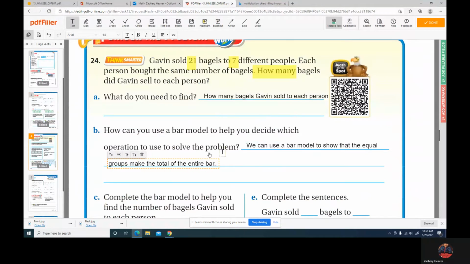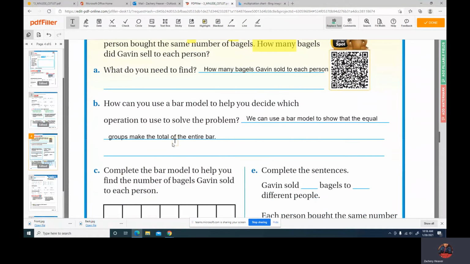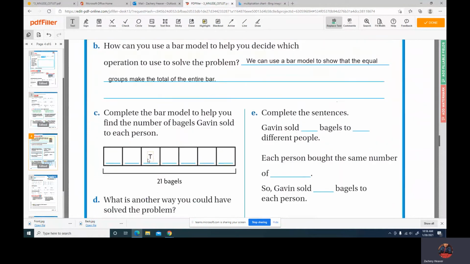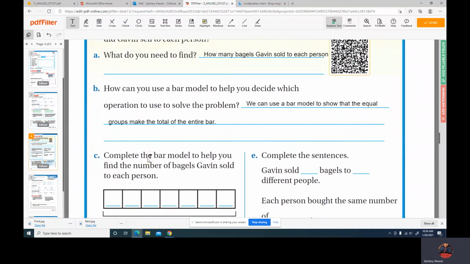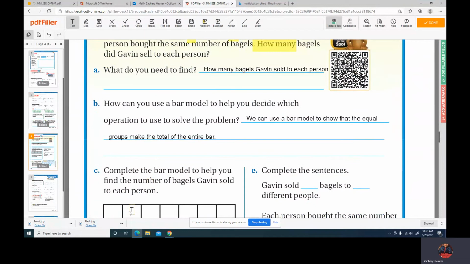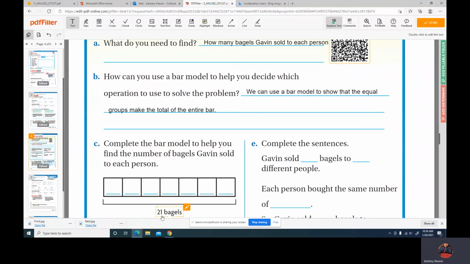So we can show the bar model. We can use the bar model to show that the equal groups make the total of the bar. So what I'm saying is we can't have 5 here, 4 here, 7 here, all these to add up to make 35. We have to be equal. And to find that it's equal, we're going to have to take 21 and divide it by 7.